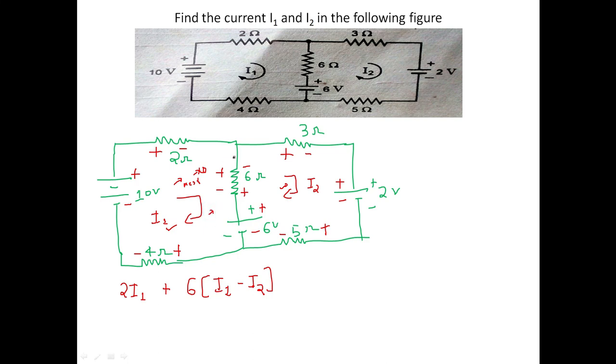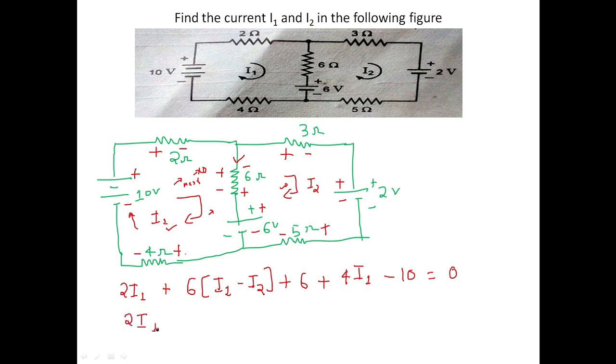Then plus 6 volt, because we are going positive to negative, then again positive to negative, that is 4I1, and then minus 10 volt, because the terminal first arising in this direction is minus 10, is equal to 0.